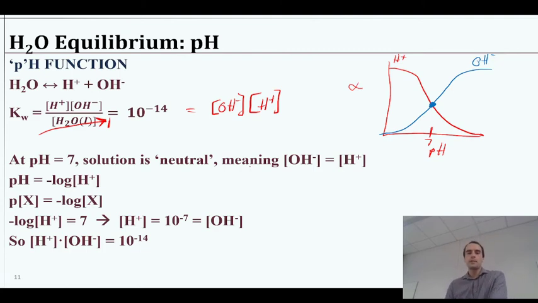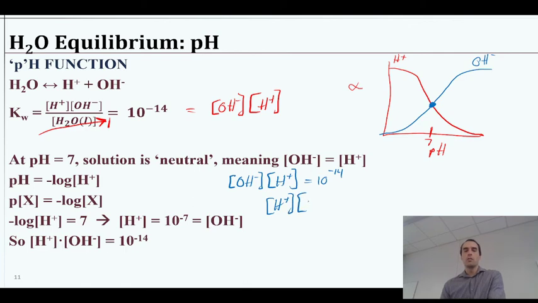That happens at pH 7 because when we have OH minus times H plus, that equals 10 to the minus 14th. Well, the only value where they are the same and that is true is essentially to say H plus is equal to H plus.